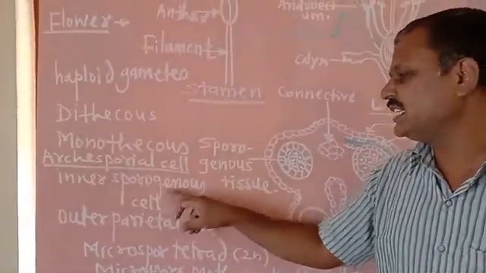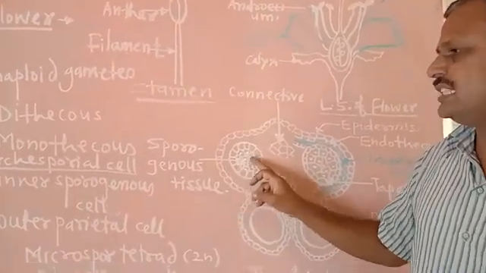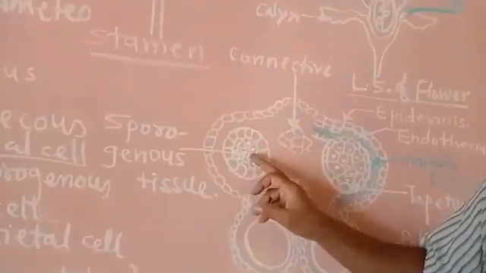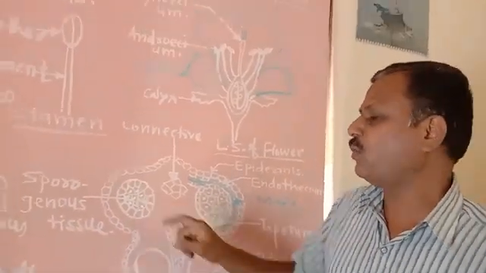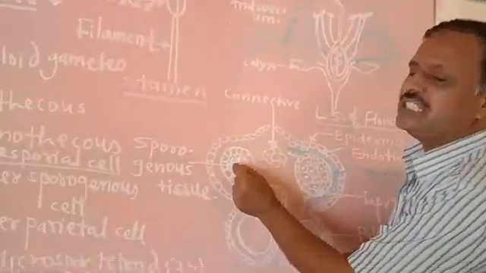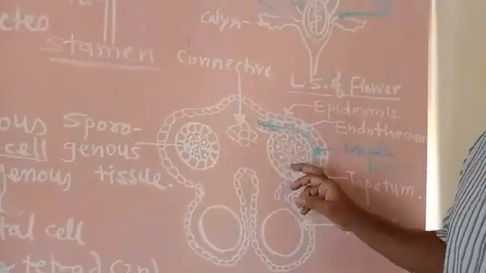Inner sporogenous cell divides again and again to form the sporogenous tissue.